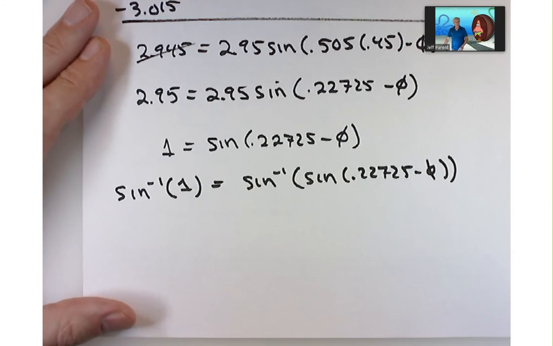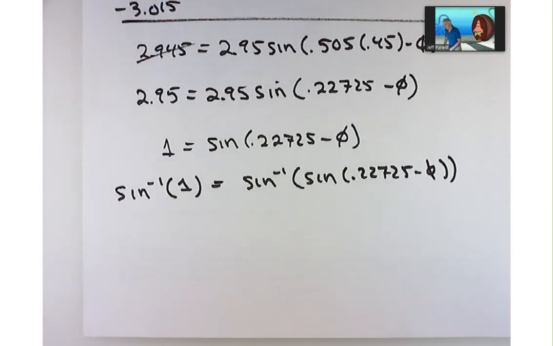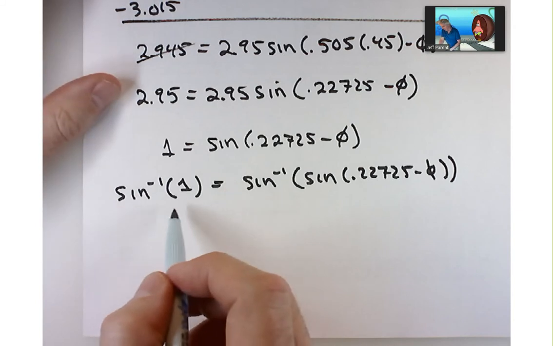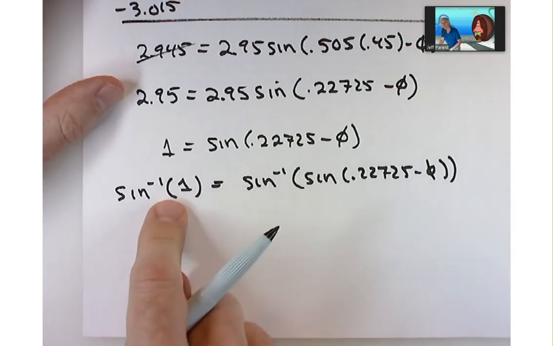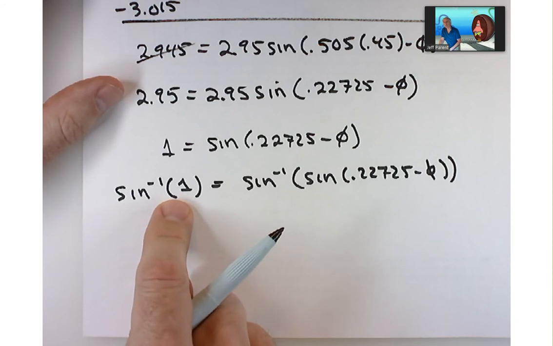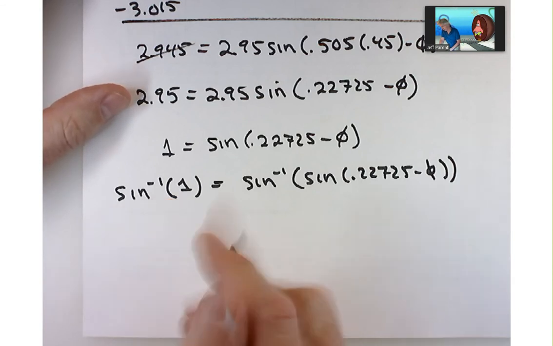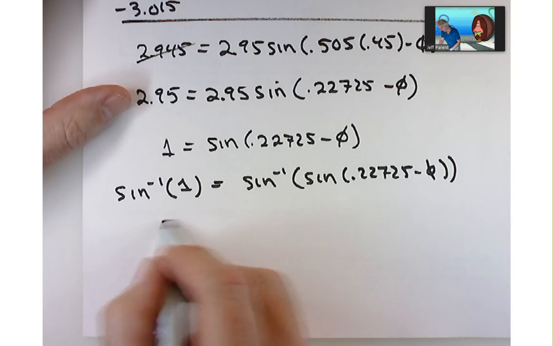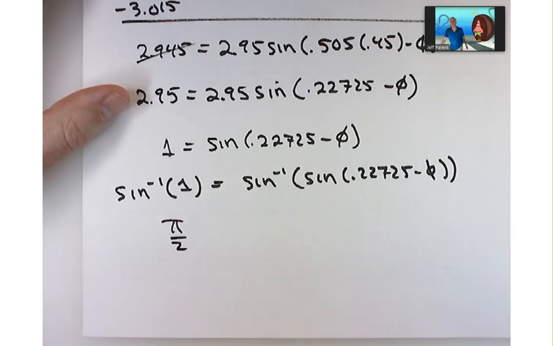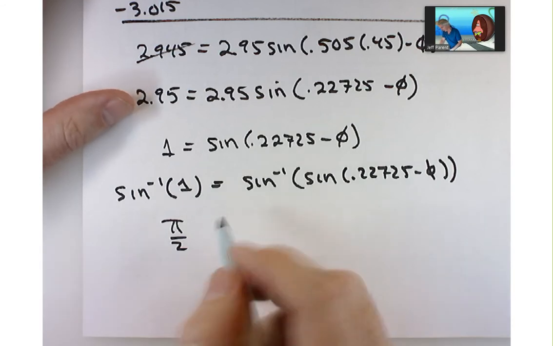Now that's pretty nice because of two things. On the left-hand side, inverse sine of 1 is the angle whose sine is 1. So where does that occur? Well, it has to be between negative pi over 2 and pi over 2, and it turns out to be pi over 2. That's where the sine is at its maximum.